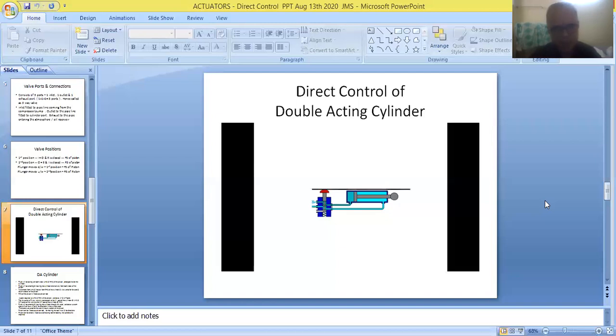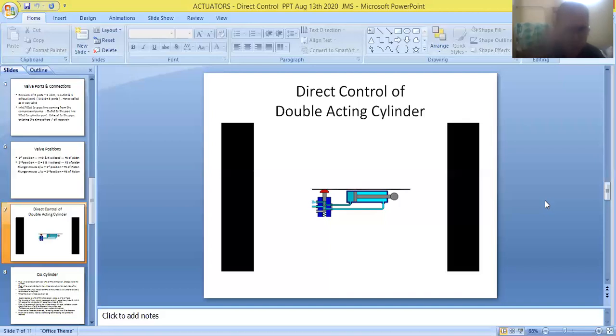It will be entering from one side of the piston and leaving from the other side of the piston. So as a whole, the fluid will be acting on both sides of the piston. Therefore, it is called a double acting cylinder. And friends, we need only one port in the case of a single acting cylinder.